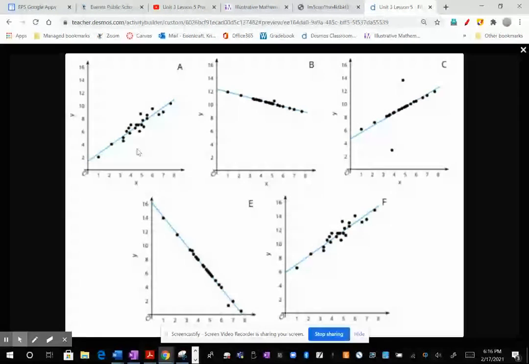But if you just want to say which set of points has the greatest rate of change, you wouldn't really need to look at positive or negative. This graph here, E, looks like a really great rate of change. It's pretty steep. It is going down, a steep negative slope, and F is fairly steep, and maybe A as well. B and C aren't so steep. So the slope is another way we can describe the correlation of the two data sets.